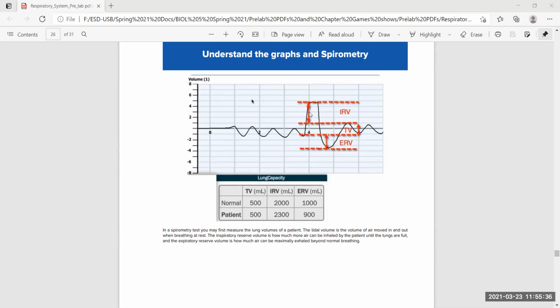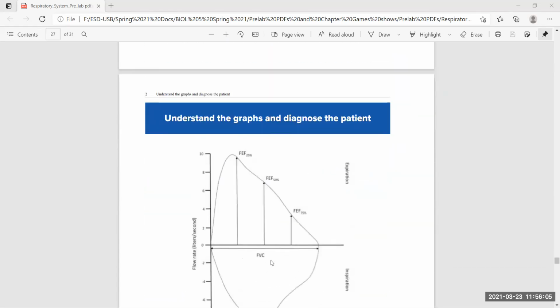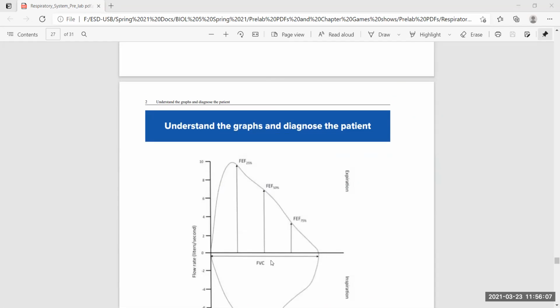This one, inspiratory reserve volume is normal 2000, patient 2300. Tidal volume is normal. Expiratory reserve volume is 1000. Normally he has 900 ml. So looking at this graph, you can say whether the patient is suffering from obstructive or restrictive lung disorders. It's the same graphs, understanding the graph and diagnosing the patient.